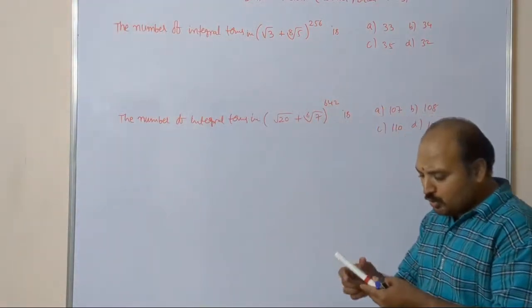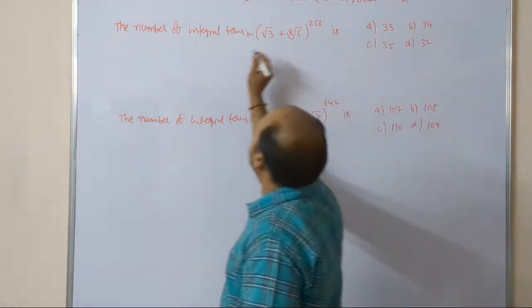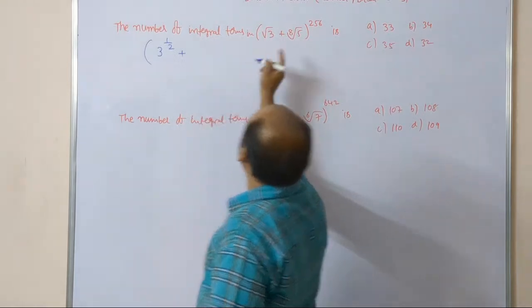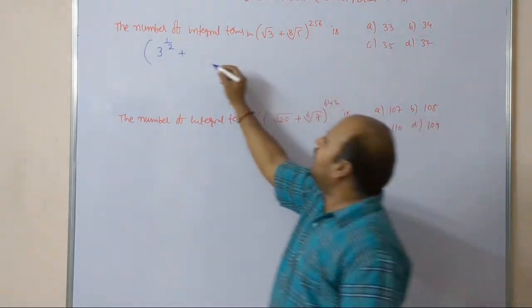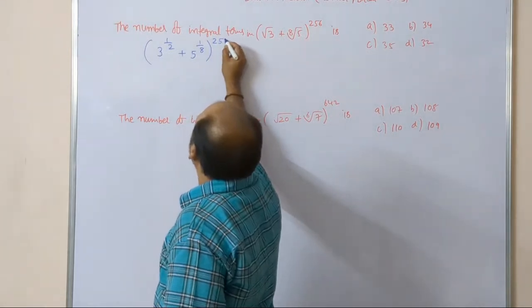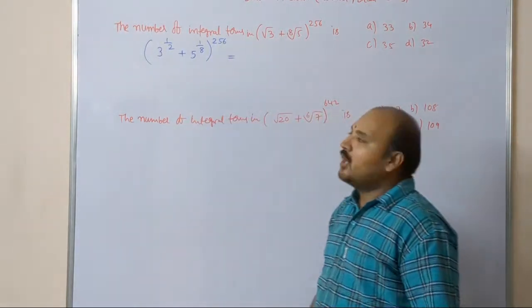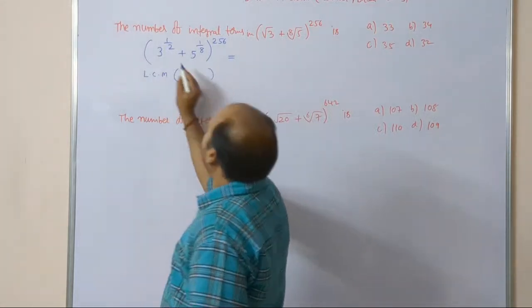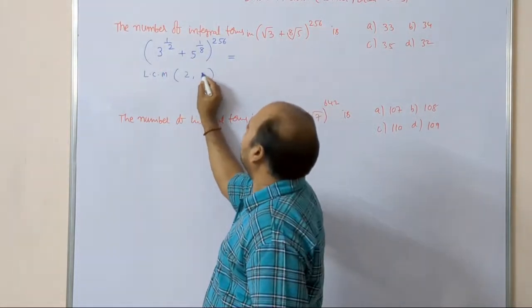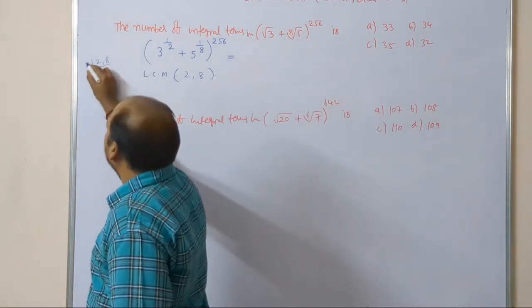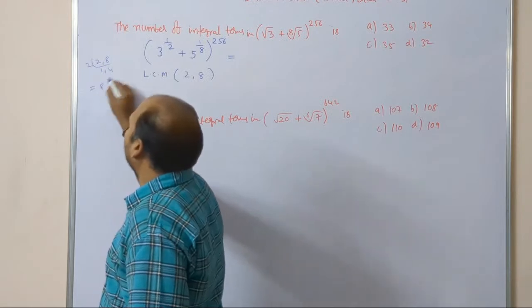First, what we have to do is this: you can write root 3 as 3 power 1 by 2 plus 8th root of 5, that can be written as 5 power 1 by 8, whole power n, which is 256. First calculate the LCM of 2 and 8. What is the LCM of 2 and 8? So 8 only.